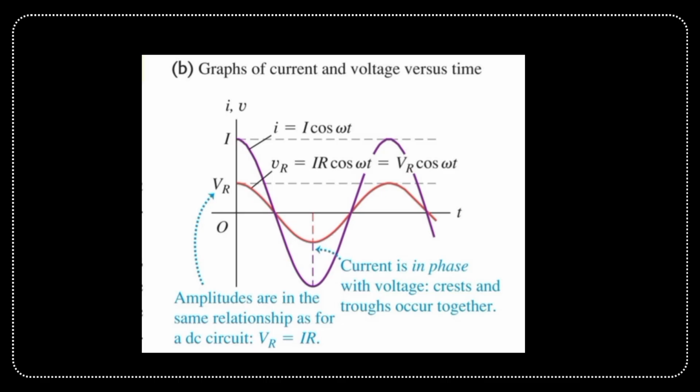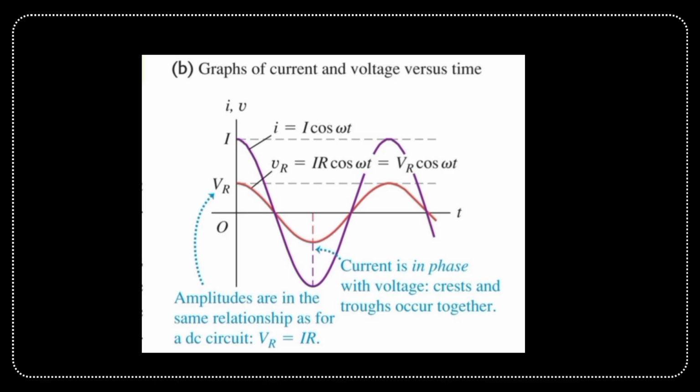So the voltage across a resistor is also a cosine function given by instantaneous voltage is equal to maximum current times resistor cos angular frequency multiplied by time.